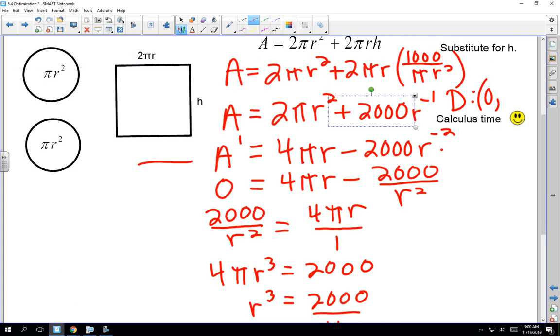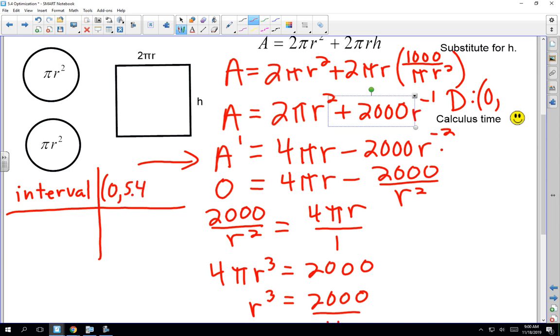So we've got intervals: from 0 to 5.4, and then the other one goes from 5.4 up to somewhere around 10, or you could go to infinity if you want.